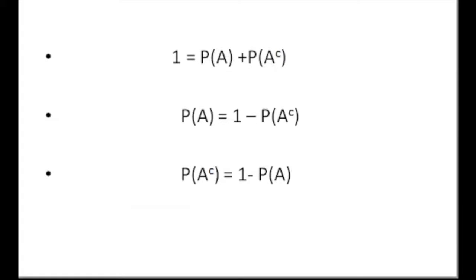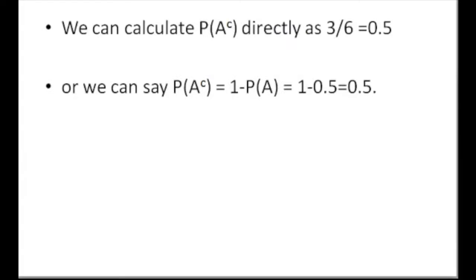So we have 1 is the probability of A plus the probability of A complement. Or the probability of A is 1 minus the probability of A complement. Or the probability of A complement is 1 minus the probability of A. We can calculate the probability of A complement directly as 3 over 6 or 0.5. Or we can say the probability of A complement is 1 minus the probability of A, or 1 minus 0.5, which is 0.5.